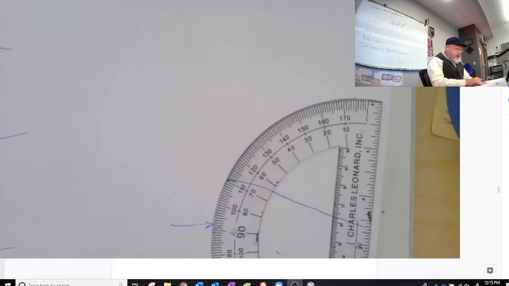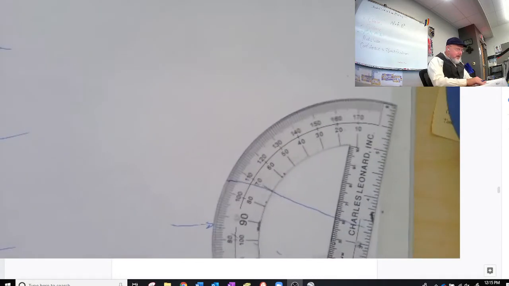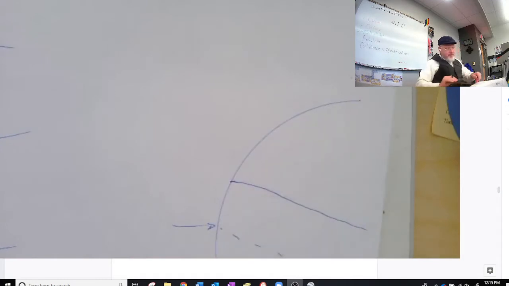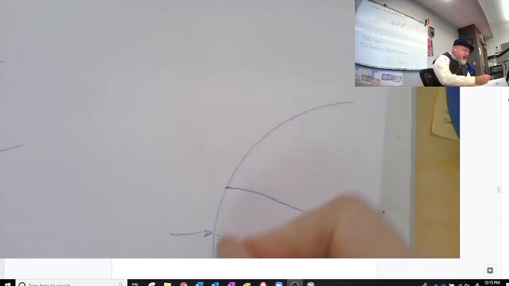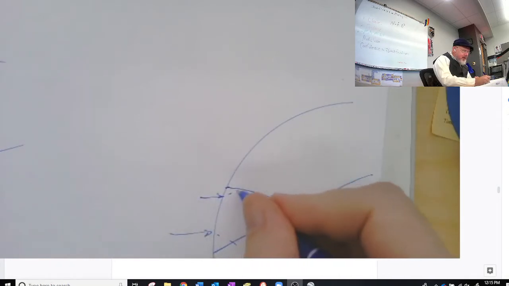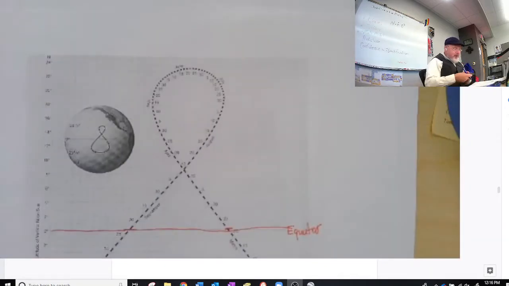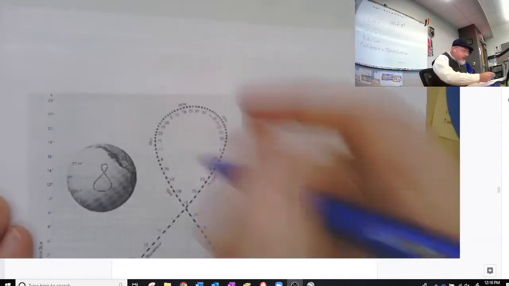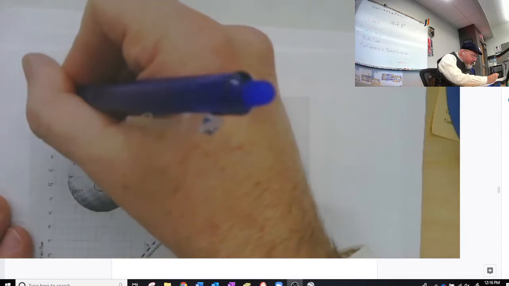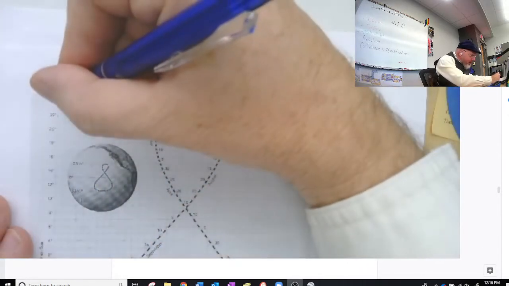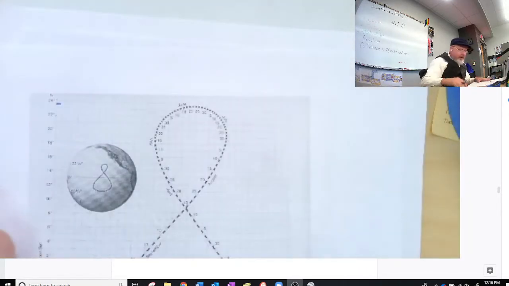Conversely, when the Earth is tilted towards the sun, the equator will be like this, and the sun will be shining directly on the Tropic of Cancer, which happens to be 23.5 degrees north. So there's 22 degrees, there's 24 degrees, 23.5 degrees north is about right there.